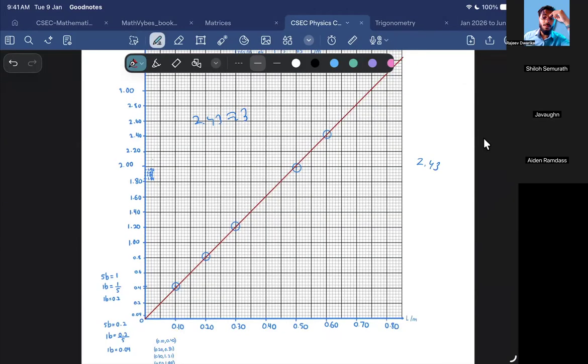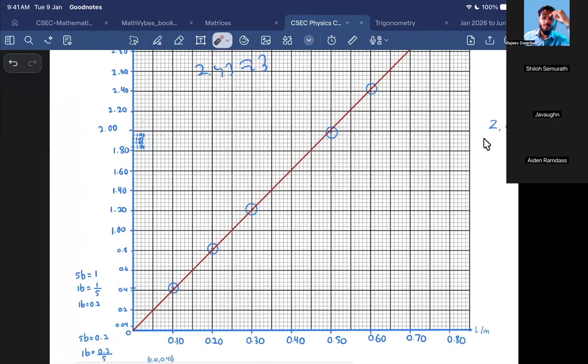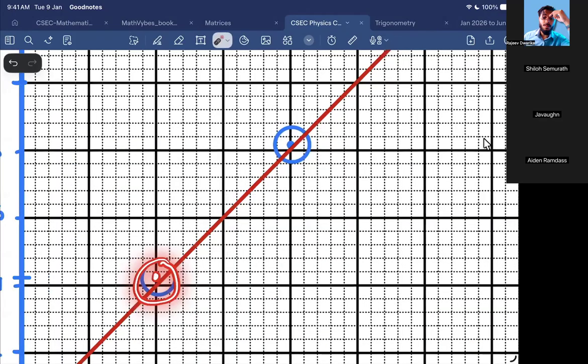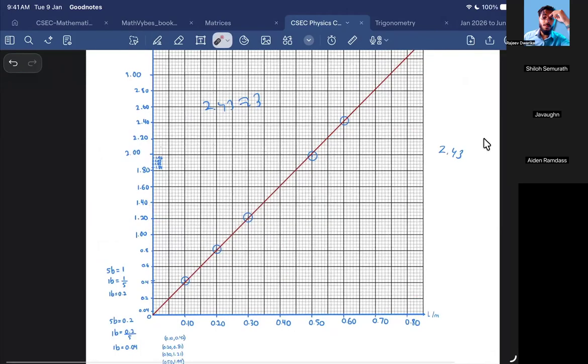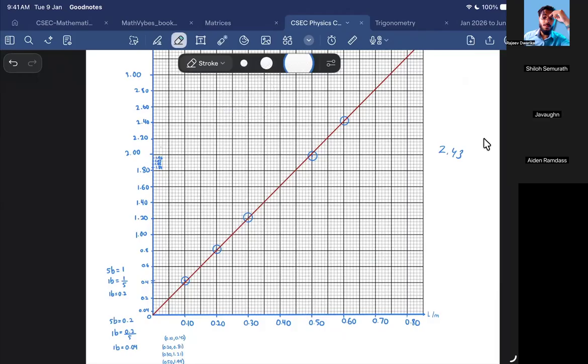Now, if you zoom in close, you'd notice that some points are to the left, and some points are below. You want to make sure the distances between them are kind of even, because you want to create a what do you call it? You all should know the name. You want to draw what type of line?